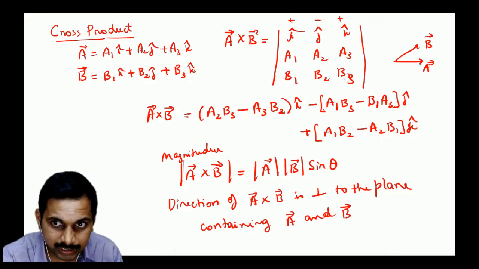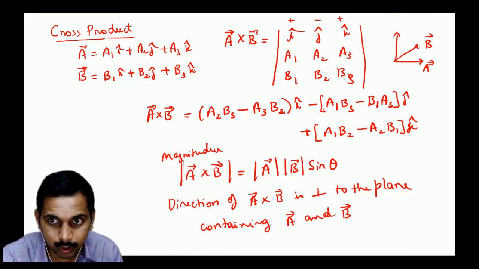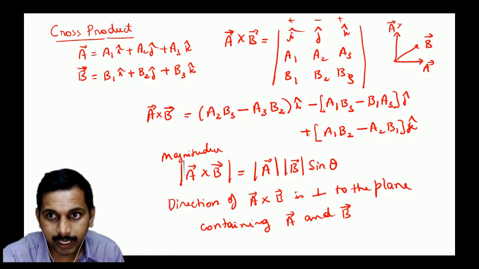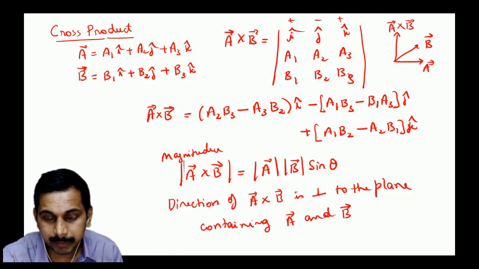When you cross it, A cross B will be perpendicular to both of them. It will be in this direction.